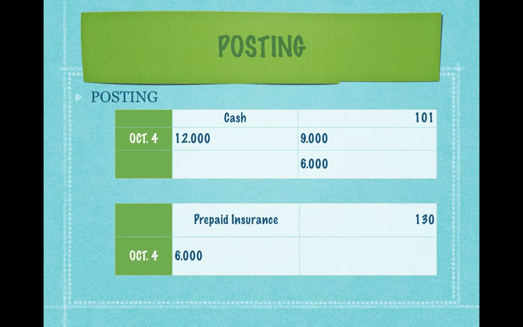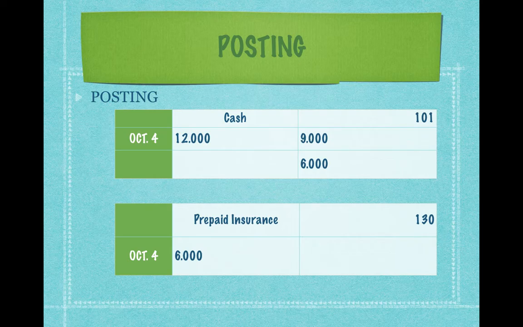Now we can see there are three movements here from October the 2nd to October the 4th. We can say also that our current cash balance in bank is beginning balance plus 12,000 US dollar minus 9,000 US dollar minus 6,000 US dollar. Let us assume the beginning balance is around 10,000 US dollar.